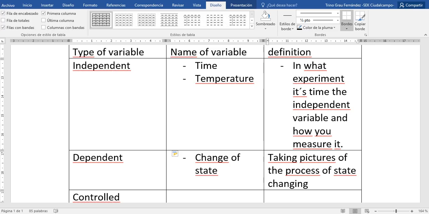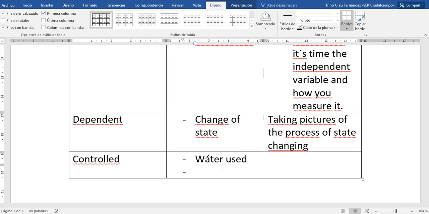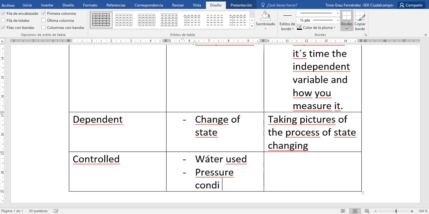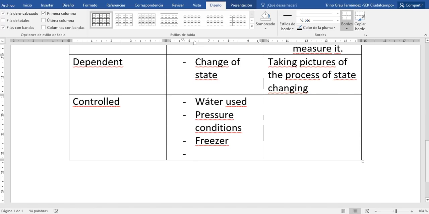So the dependent variable is the change of state, the one that we measure, and for the control variables, you can include different control variables: the water used, the pressure conditions, also the freezer for the freezing change of state, and others that you consider that you need to include.